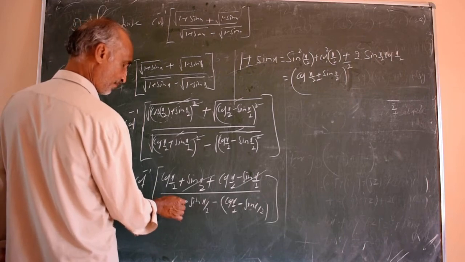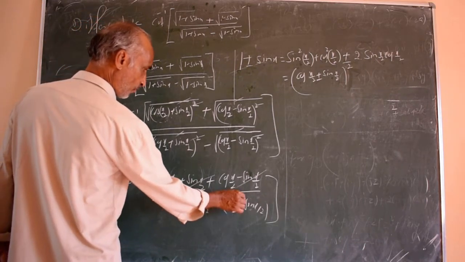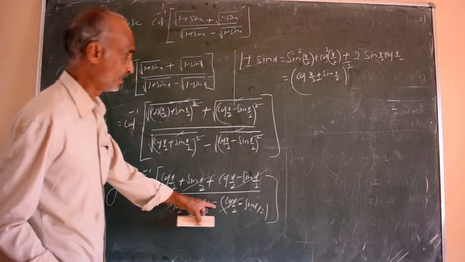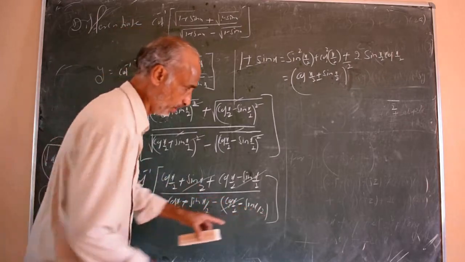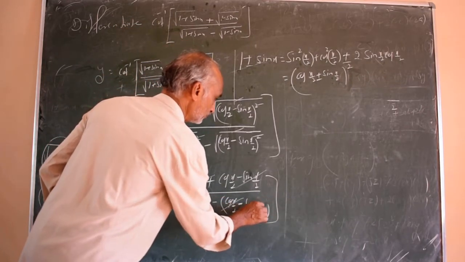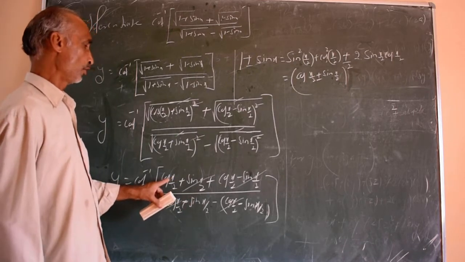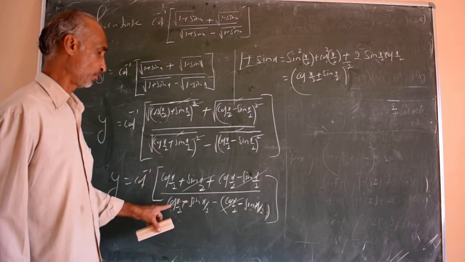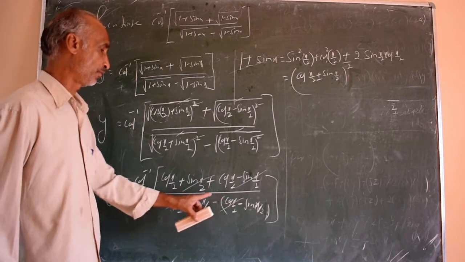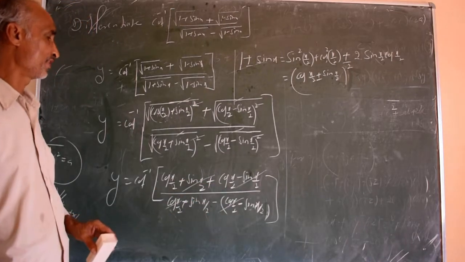Here, cos x by 2 minus cos x by 2 cancels. This minus multiplies to the entire expression, that's why the bracket is taken. Now in the numerator, plus cos x by 2 minus cos x by 2 cancels. Here cos x by 2 plus cos x by 2, 2 times cos x by 2.